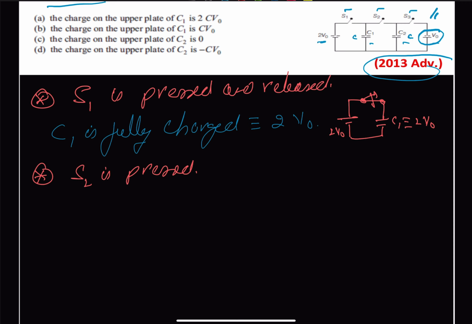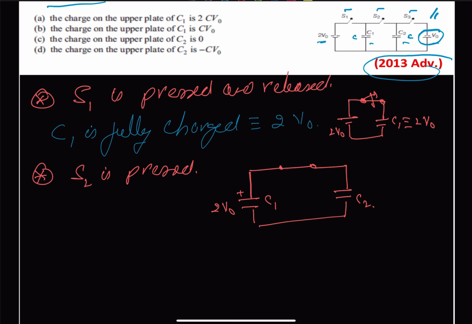When S2 is pressed, the circuit will now be like this. So we have our C1 and it will be positive. This is our twice V0, and here we have our C2.